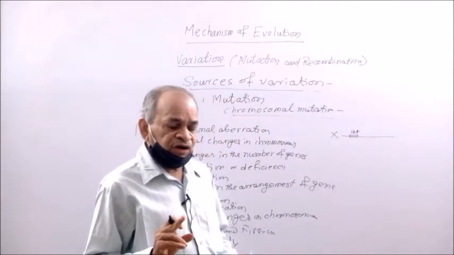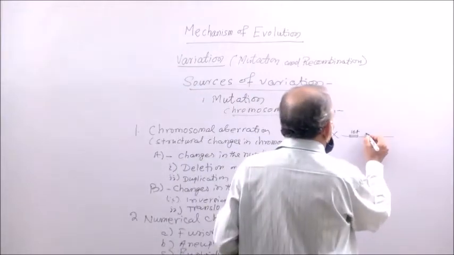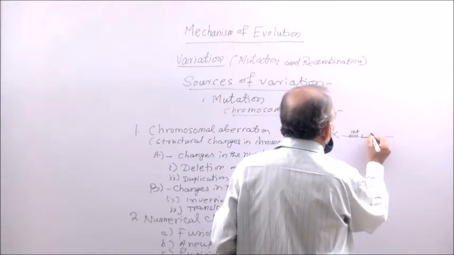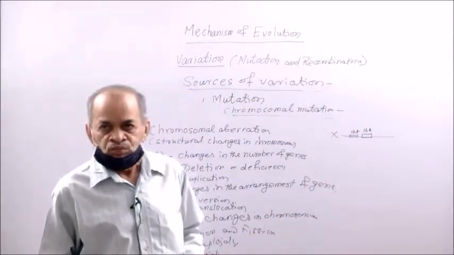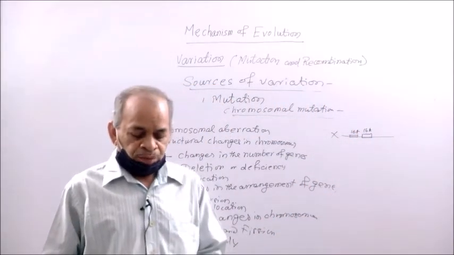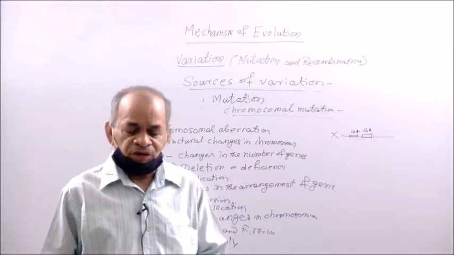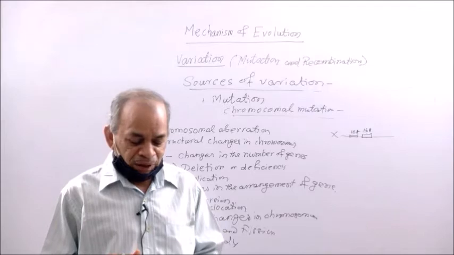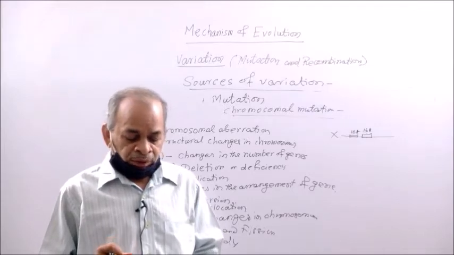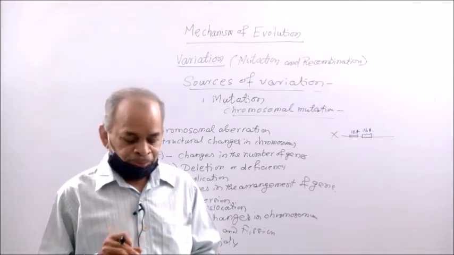Now if another 16A region is present here, duplication occurs. Duplication of the 16A region in the X chromosome results in narrowing of the eye. The eye becomes narrow, with fewer facets.